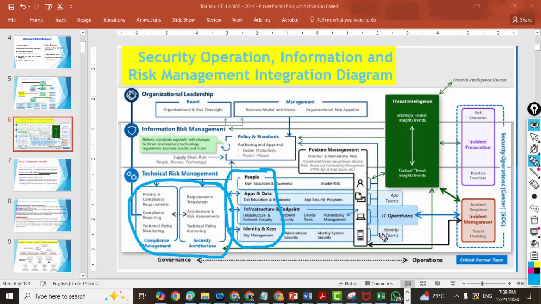Then we have application teams, as I mentioned earlier in the previous slide. Those database management teams are responsible for data security, to keep data encrypted and have some security measures for data.